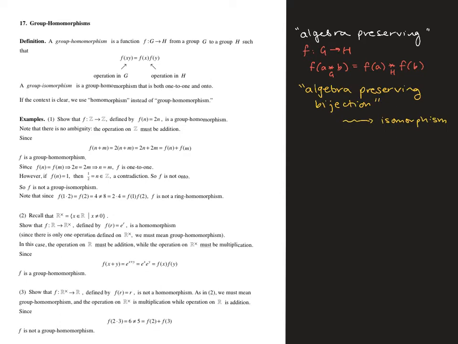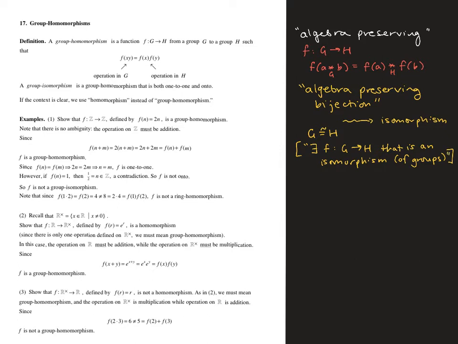When we have an isomorphism between two groups, like let's say our homomorphism f from G to H is an isomorphism, we say that the groups G and H are isomorphic. And we write G isomorphic to H with that little symbol in between them. And if you see that symbol all alone, if you see G isomorphic to H, what that means is that there exists a function f from G to H that is an isomorphism of groups.